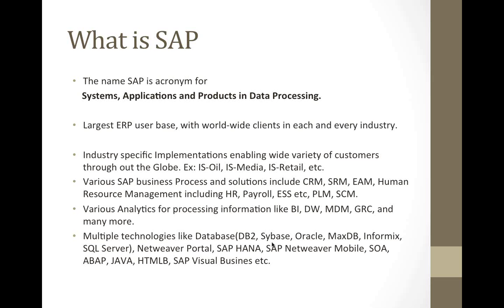SAP has a specific module which speaks with your customers and tries to understand them. The business processes which fall under CRM have been grouped together and made into SAP CRM. SRM, supplier relationship management. EAM, enterprise asset management. You have human resource management, which is called HR, and payroll. Your payrolls, your associate paychecks, whenever you get paid.